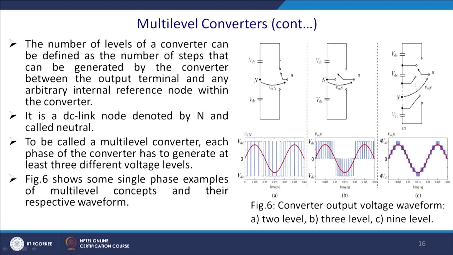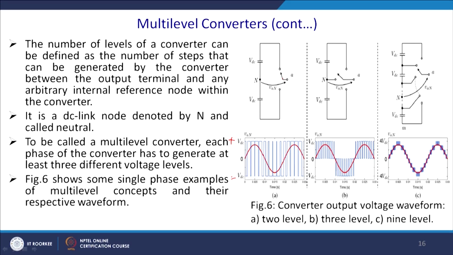So, you can have multiple switches, you can connect this point, the pole, to positive VDC or negative VDC, and thus the voltage can switch from plus VDC to minus VDC.